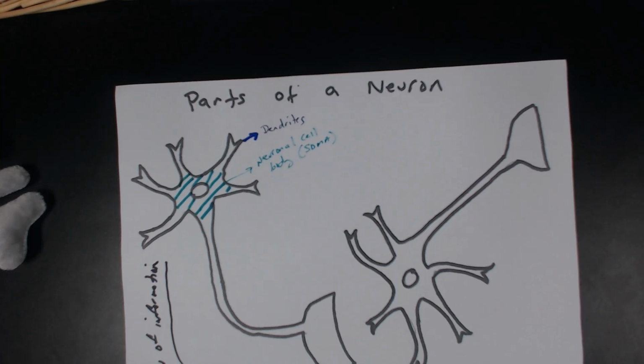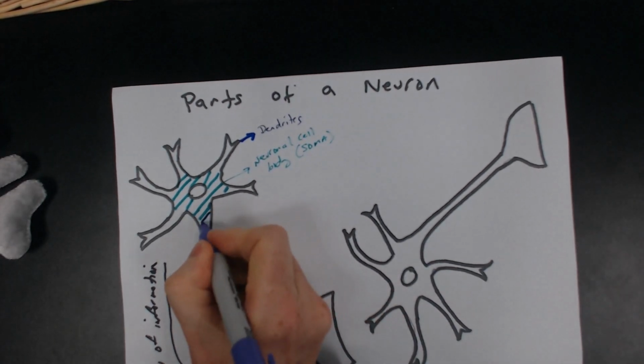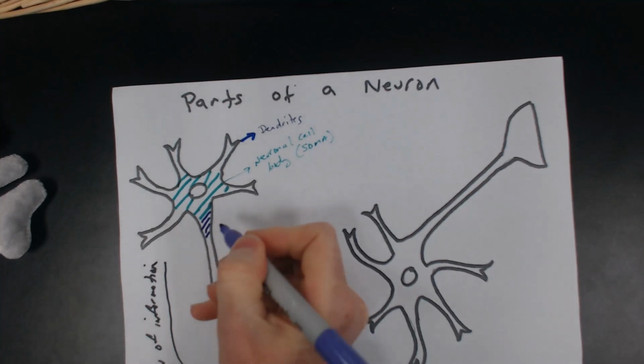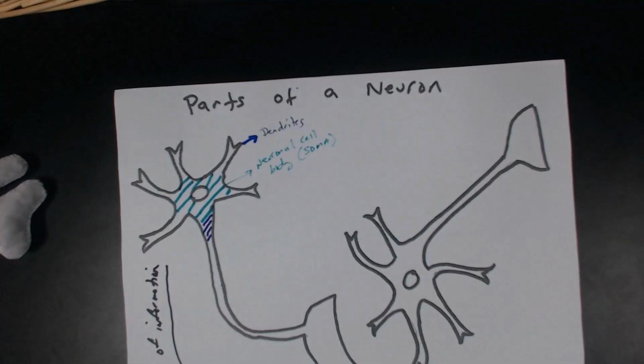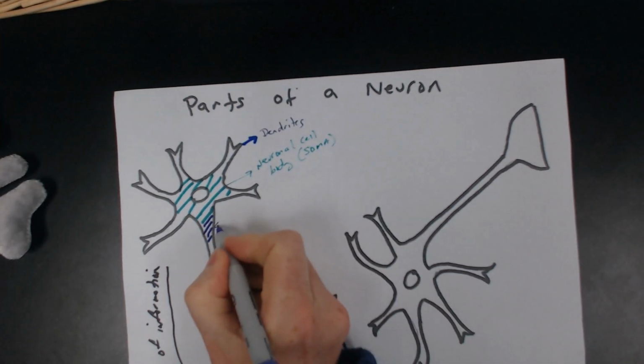Moving on down the chain, we have a special part that connects the cell body to this long thing down here, and that exists right in here. That's the axon hillock. We'll talk about the importance of the axon hillock in a little bit, but you should know that the axon hillock is really important for reaching threshold.